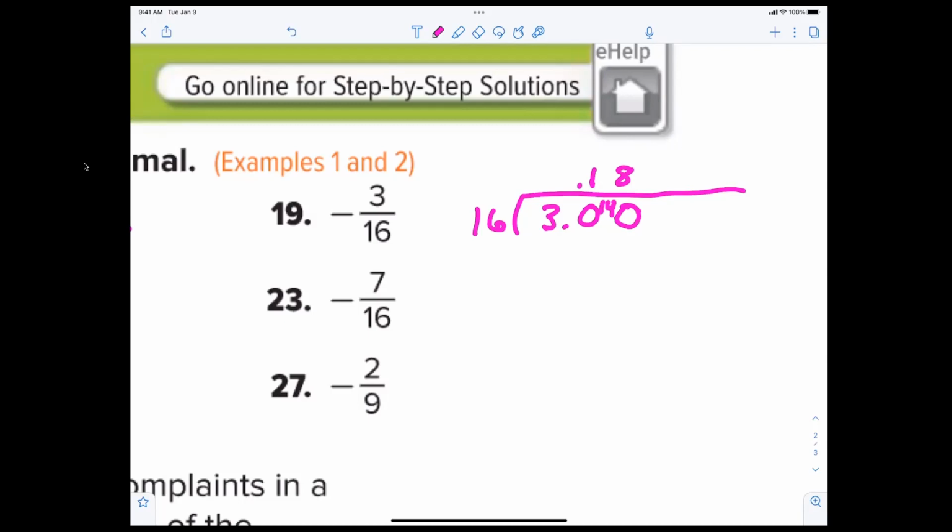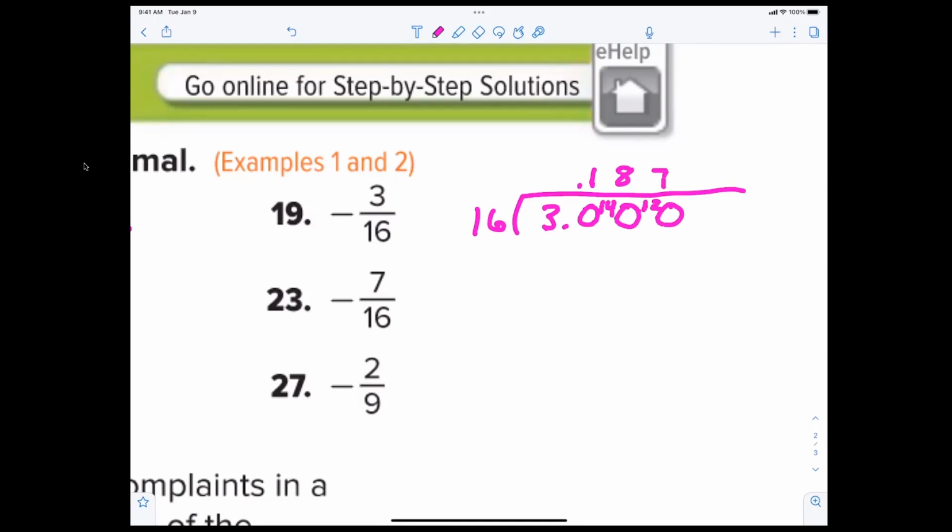All right. So how much left over? You are awesome. Now we have another ugly one. 16 goes into 120 7 times.